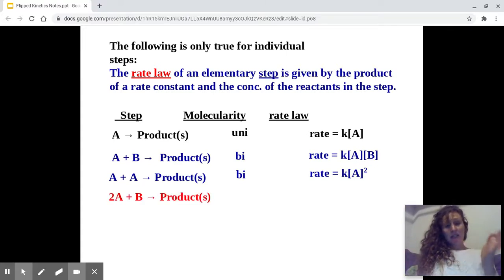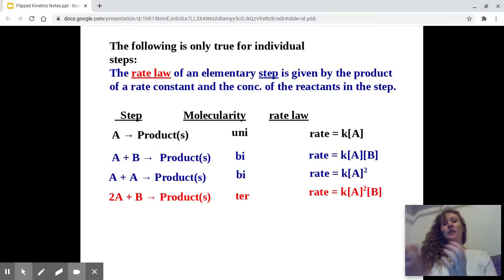Okay, what is the molecularity of this reaction? It is termolecular, because there's three things, two A and B. And then the rate law is going to represent this. You should have an A with an order of 2. You should have a B with an order of 1. So we can write the rate law for an individual step of a mechanism by using the coefficients and the reactants.